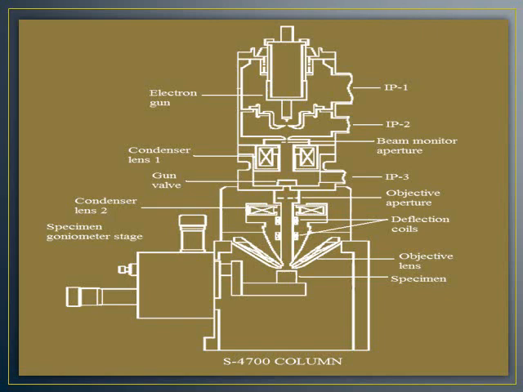A voltage is applied to the loop, causing it to heat up. The anode, which is positive with respect to the filament, forms powerful attractive forces for electrons. This causes electrons to accelerate toward the anode. This beam is attracted to the anode.